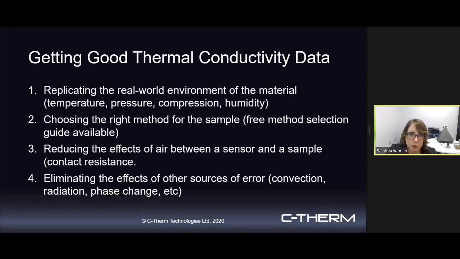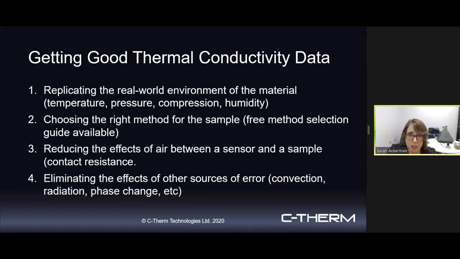The next one is to choose the correct method for the sample that you're testing. So if you're testing, for example, a composite material, then you need to make sure the method you're choosing is going to be appropriate for a heterogeneous microscopic structure.